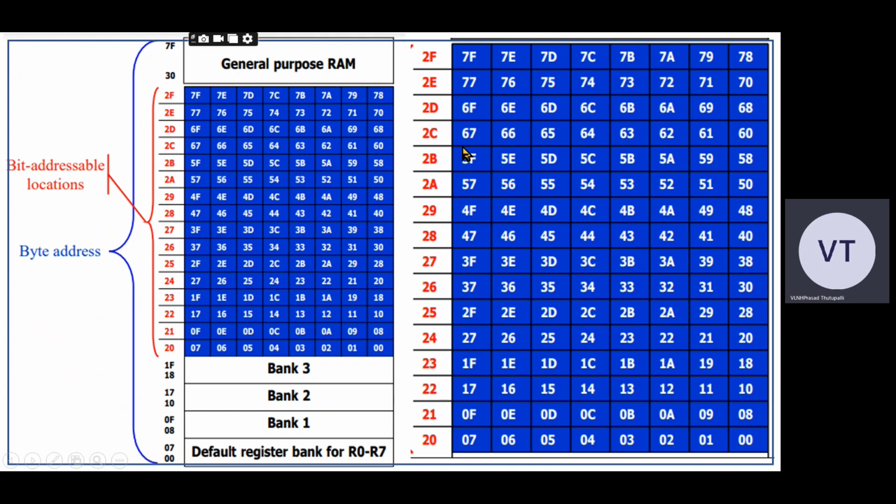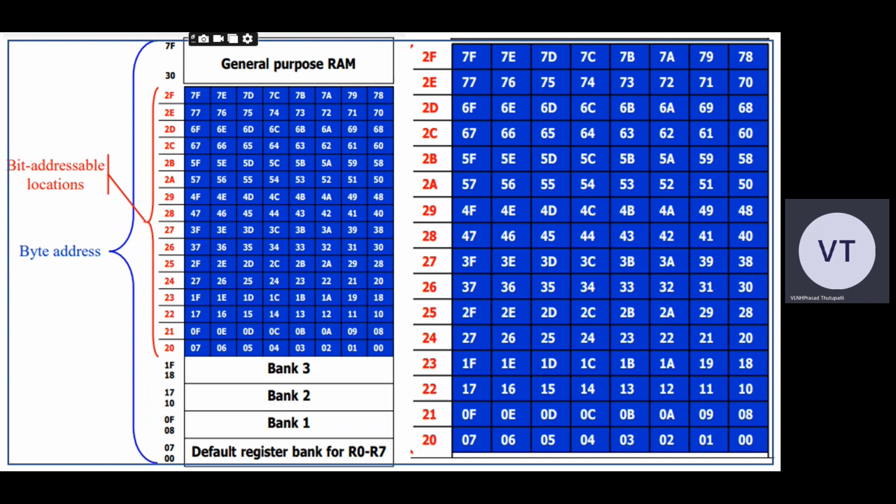In this location you want to store 1 or 0, that also is possible. So if a work is getting completed within a single bit, why waste a byte? That is the concept behind this. When one person can do 8 works at a time, why depute 8 people for a single work? No need. One person can do 8 works.